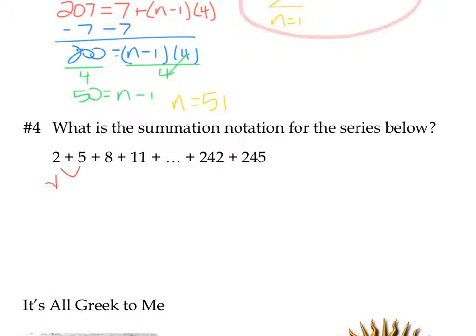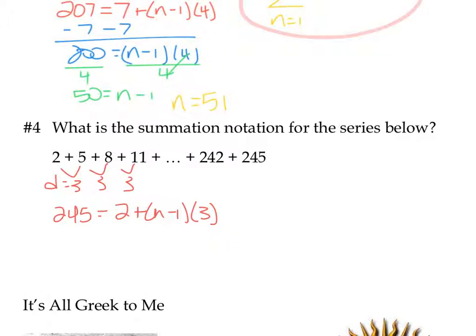So our common difference is 3. That'd be our first thing we need to figure out. Now we need to figure out n, the number of terms. So we're going to take 245 equals a sub 1 plus n minus 1 times the common difference.